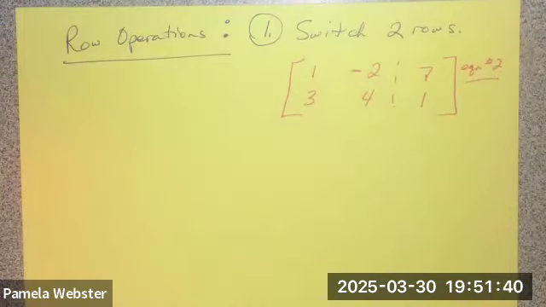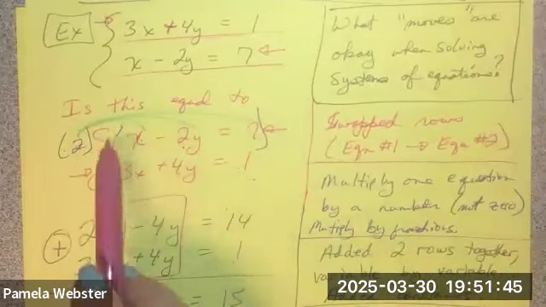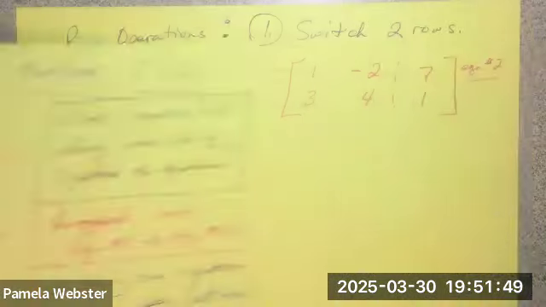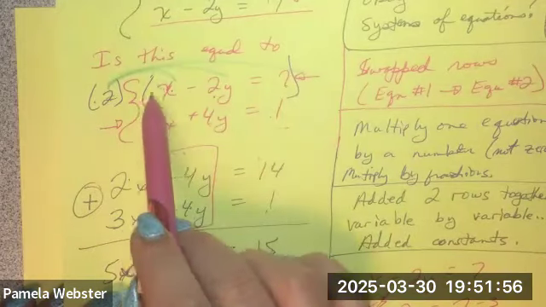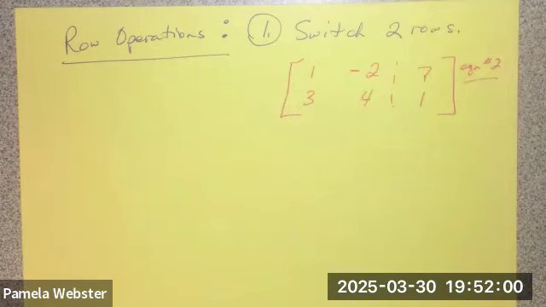Okay. So let's go back. We switched the rows. Then what did we do here? I multiplied the top row, the new top row, 1, -2, 7. That's on the top now. I multiplied it by 2, and I distributed that all the way through.